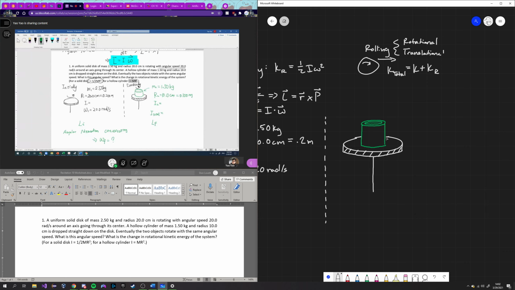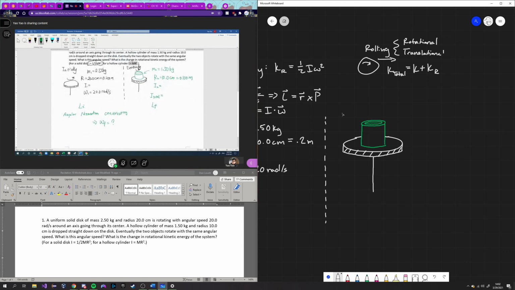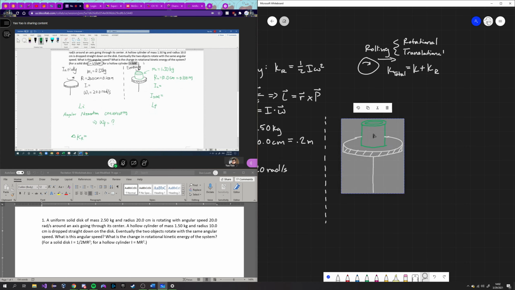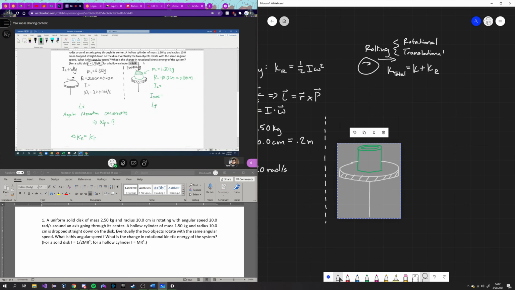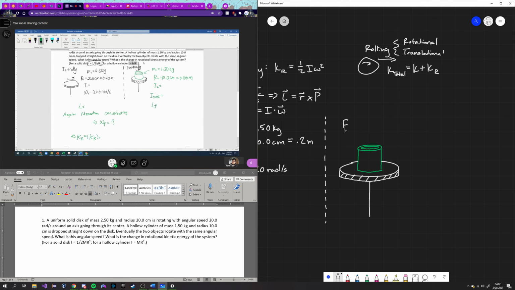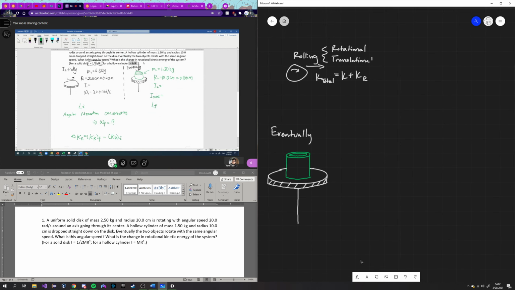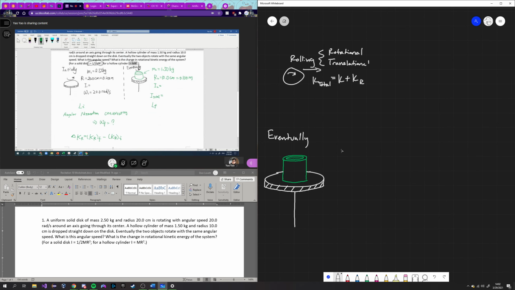After that, the question is also asking you to calculate the change in the rotational kinetic energy of the system. So the change of the kinetic energy equals the final kinetic energy minus the initial kinetic energy. And even before the calculation, we can estimate this number should be negative.